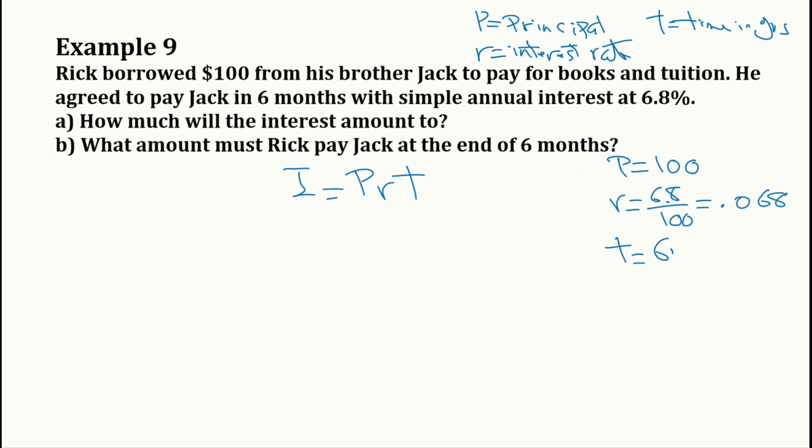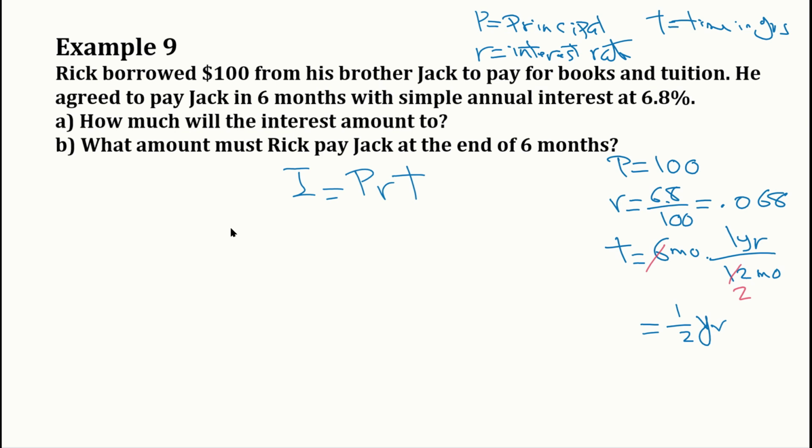But I need to convert that to years, so I'm going to multiply by a unit factor. I know that 12 months corresponds to 1 year, right? So I multiply by that unit factor, and I notice that 6 and 12 will leave me 2. So that's basically 1/2 of a year, right? Because in this formula, we need to plug in the time in years, not in months or any other unit.